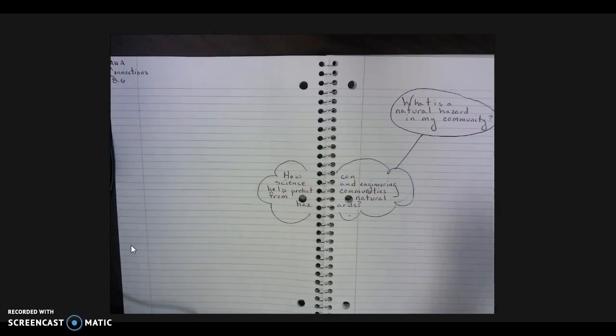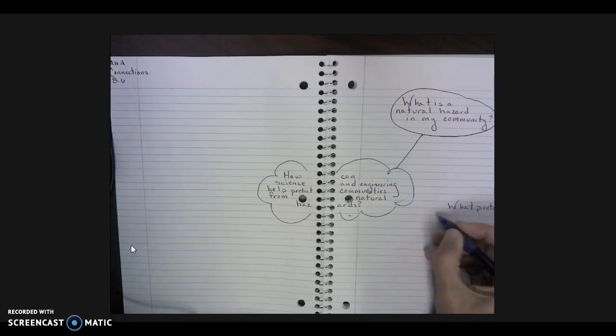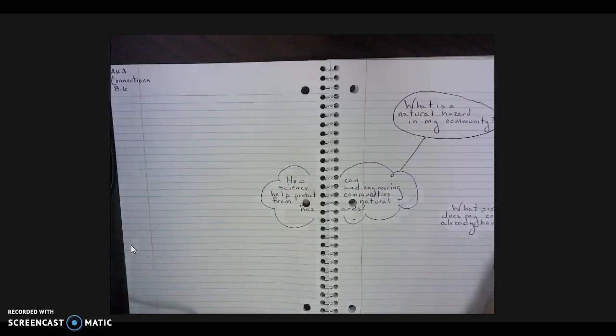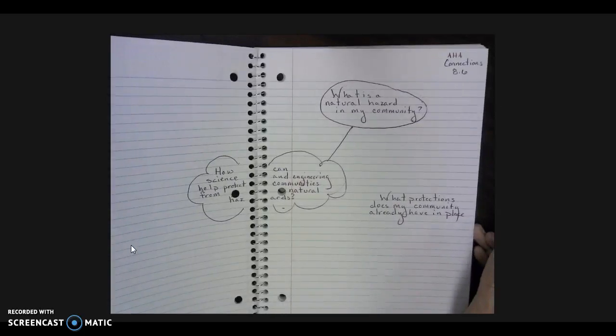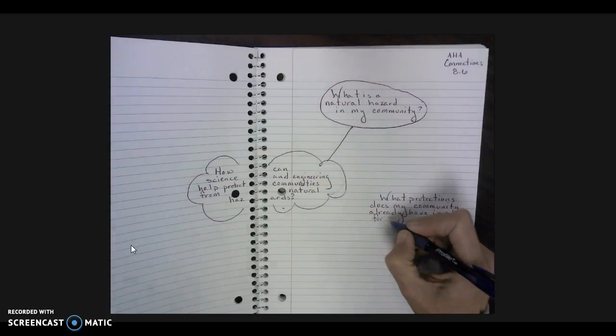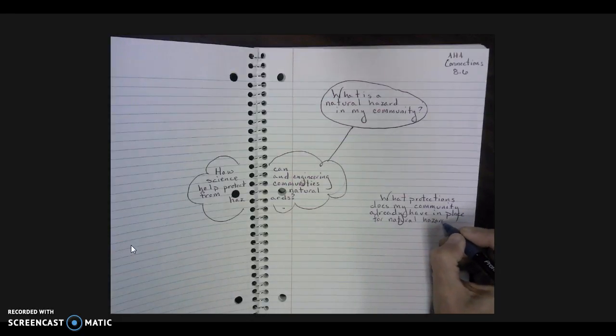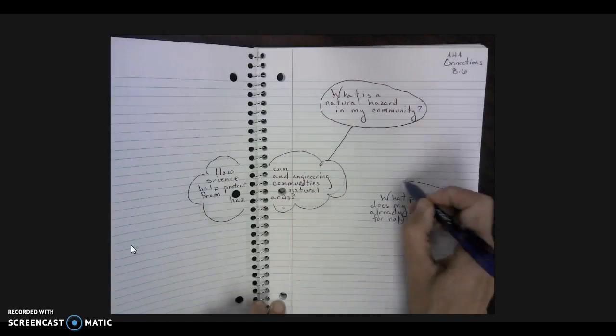Maybe another one is, what protections does my community already have in place for natural hazards? And again, maybe they're just going to circle that.